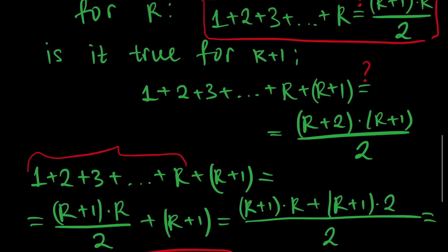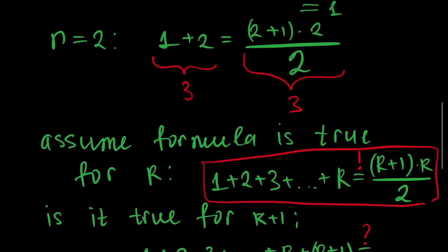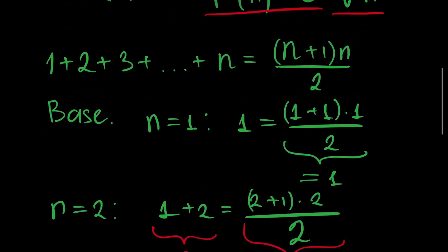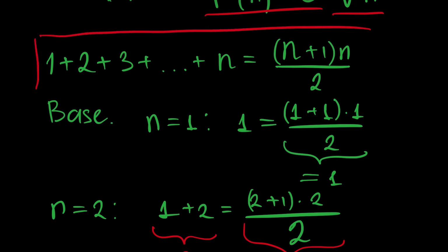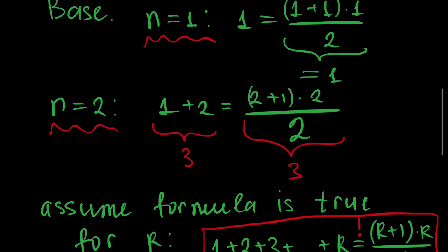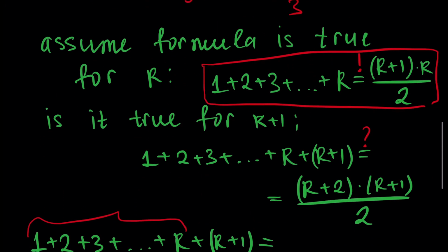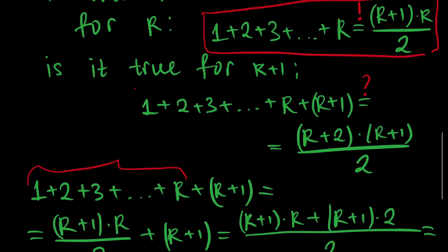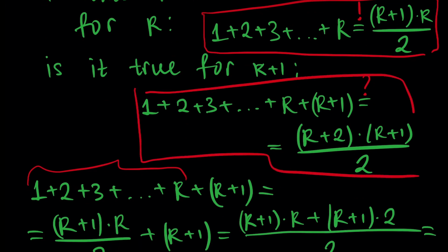Once again, to prove this formula for any n, we checked the base of induction, that this is true for n equals 1, that this is true for n equals 2. Next, we assume that the formula is true for k. We have this, assume this is true. And let's check that this is true for k plus 1.